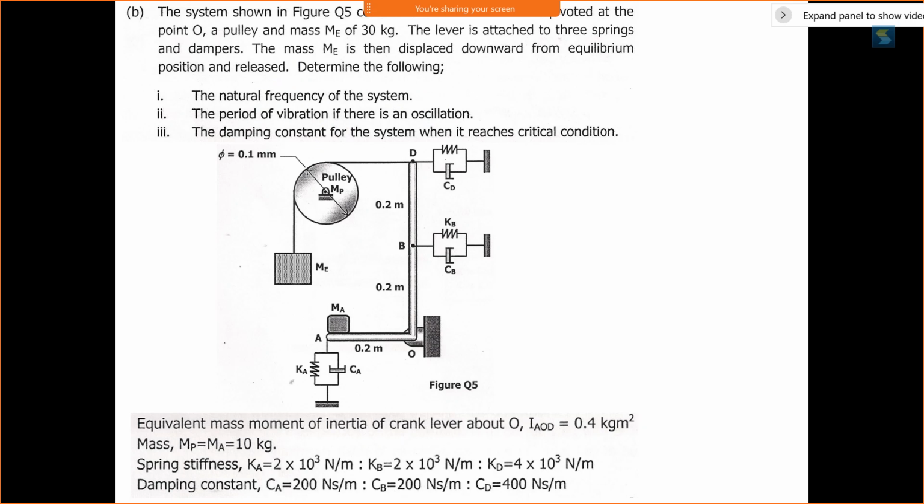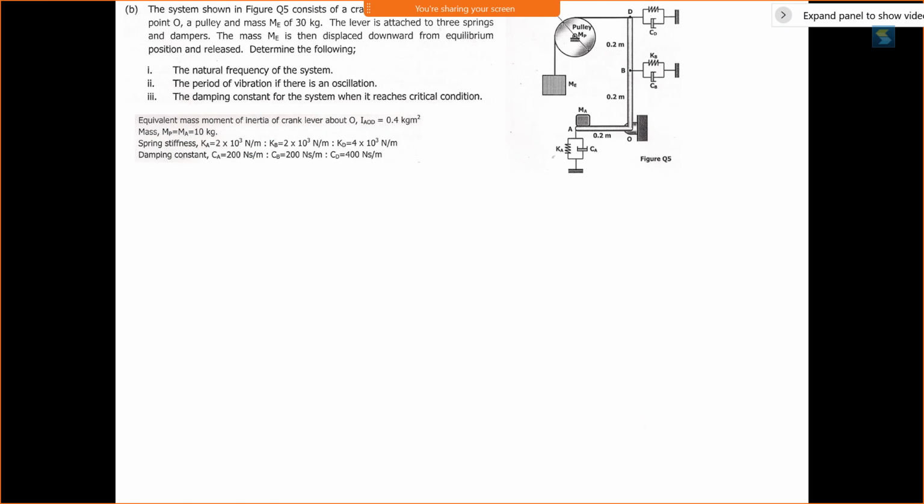So macam biasalah. So kita kena transfer dekat mana? Which point yang lagi senang nampak? Dekat D lah kan? So senang dekat D lah. So we transfer it to point D. Okay, so we start with spring first lah.